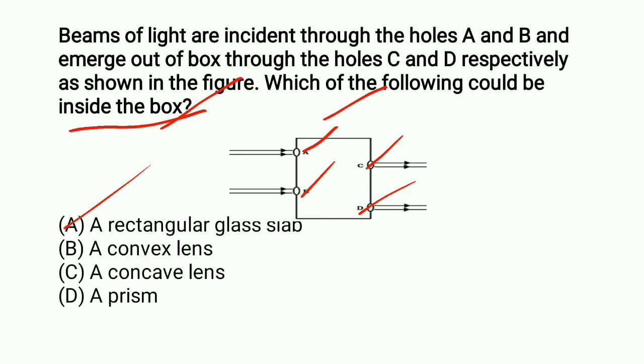So here inside the box we have a rectangular glass slab, because a lens, you know how it is going to refract, and even for the concave also, and this kind of refraction bending of light will not be shown by the prism also. So the answer is rectangular glass slab.